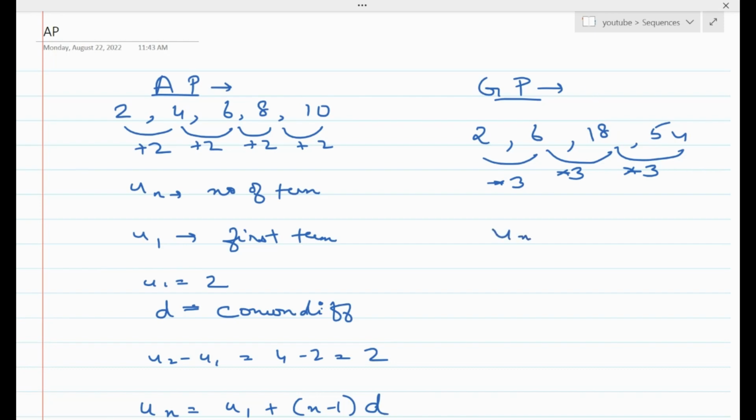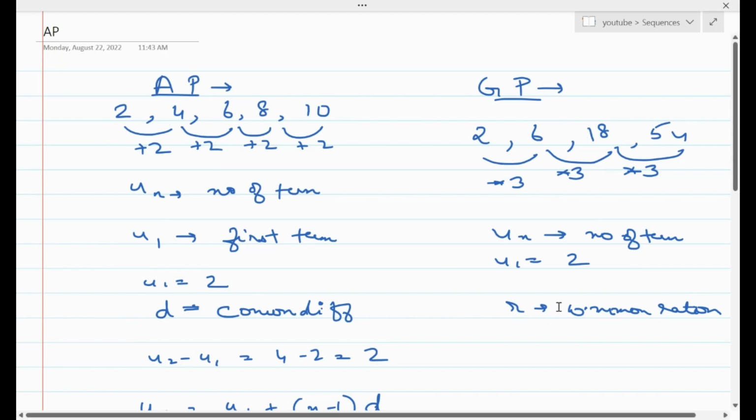So similarly, here also un is the number of term and u1 in this case would be 2. Now we are introduced to another term called r, which is called the common ratio. Now, how do we figure out common ratio? So, in case of an arithmetic progression, you were subtracting two consecutive terms.